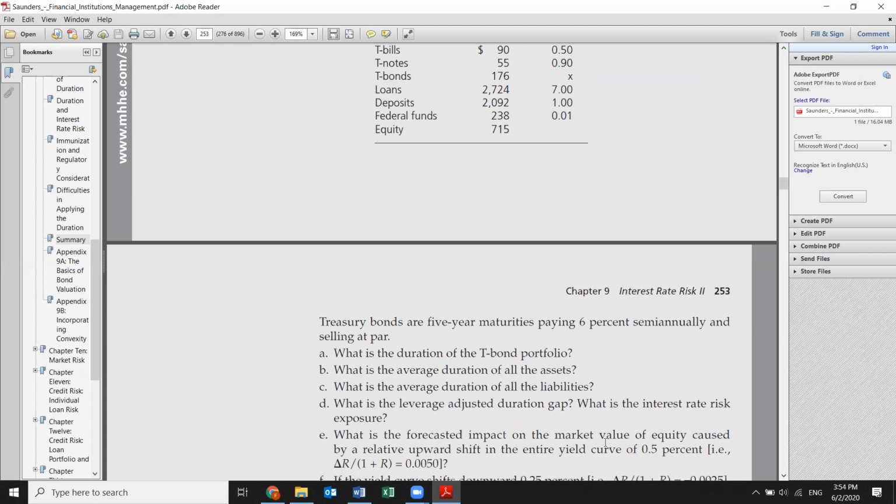If the leverage adjusted duration gap is positive, that means financial institutions are exposed to interest rate increase risk. So an increase in interest rate will cause the equity to go down, because the change in equity is equal to minus the leverage adjusted duration gap times A times the relative change in interest rate. So a positive increase will lead the equity down. Yes, thank you. I understood.